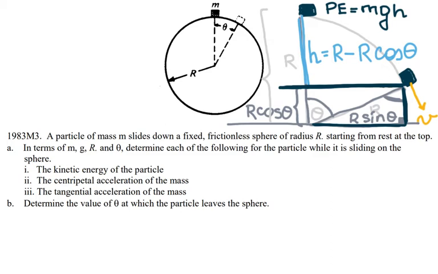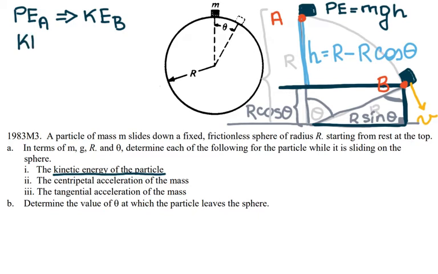Then for the kinetic energy, let's call this point B and this point A. The potential energy at point A is going to be lost to the kinetic energy at point B. So when they ask what is the kinetic energy of the particle, the kinetic energy of the mass is equal to mgh, and h is equal to r minus r cosine theta.